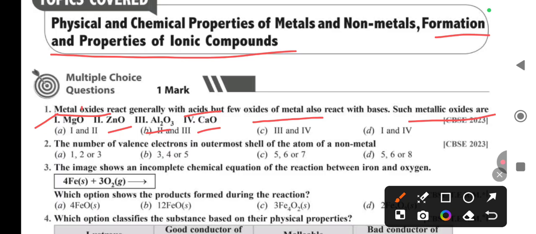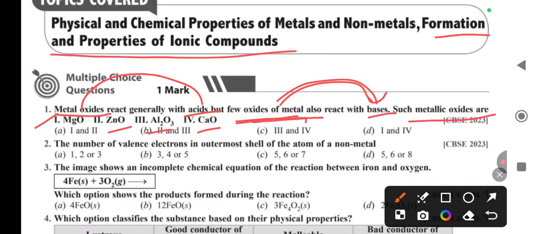So positive nature can combine easily with negative. But one more thing is written here: few oxides of metals. Few oxides of metal carry positive charge, but still they can react with base, and base carries positive charge. Okay, so how can positive react with positive? This type of nature is actually present in the amphoteric oxides.